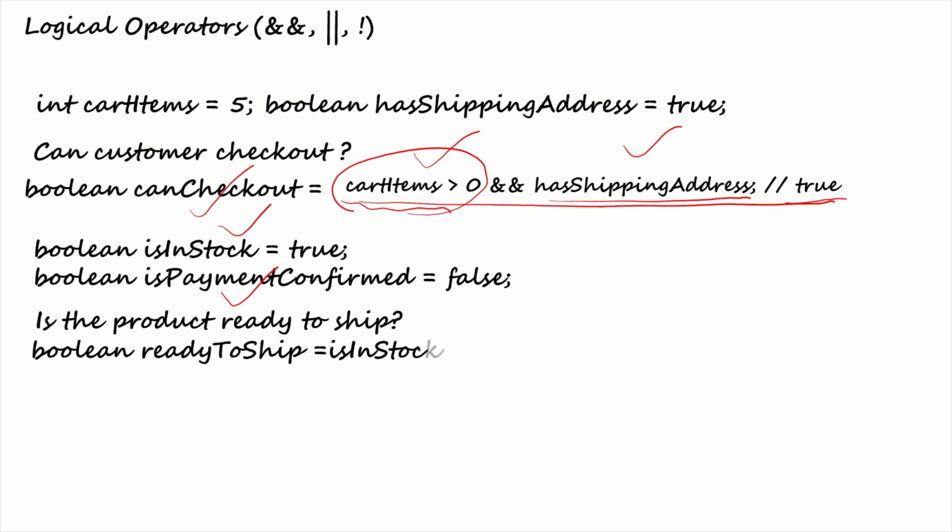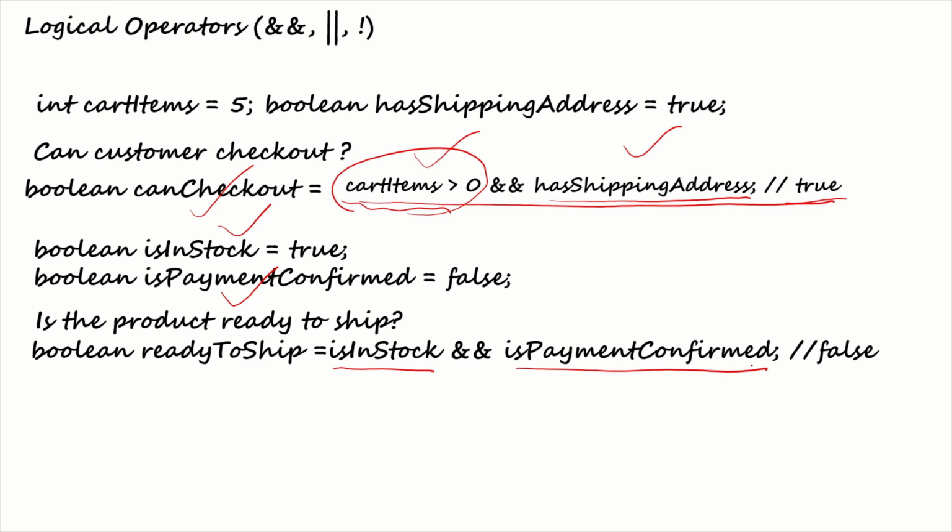But in this case the item is in stock, true, whereas this is false. This operator will give us true only when both are true. Here this is true whereas this is false, and that's the reason we get false.